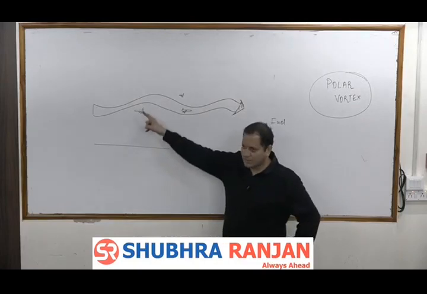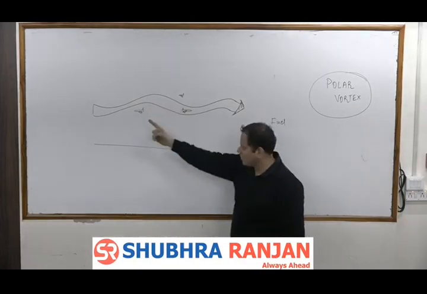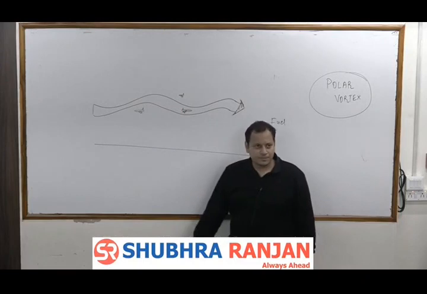Why vertical? Because it is going up and down. Why horizontal? Because it is mostly horizontal.